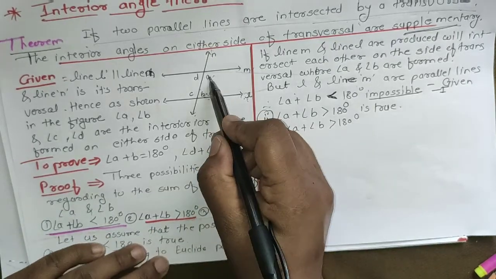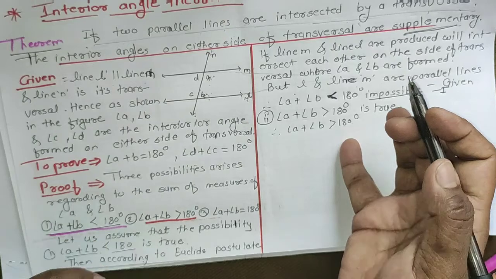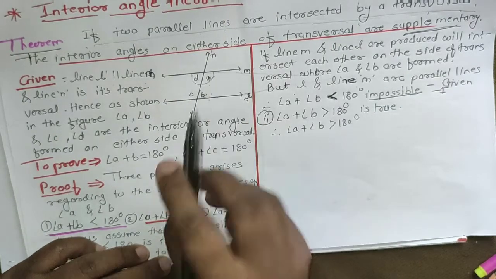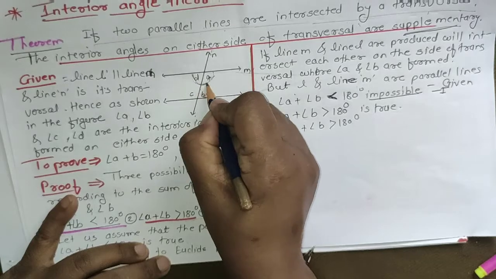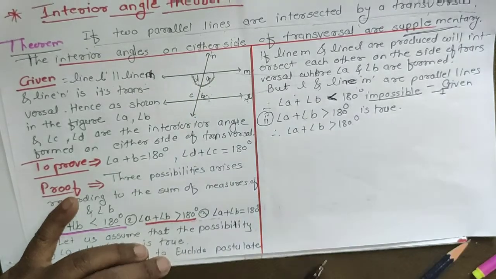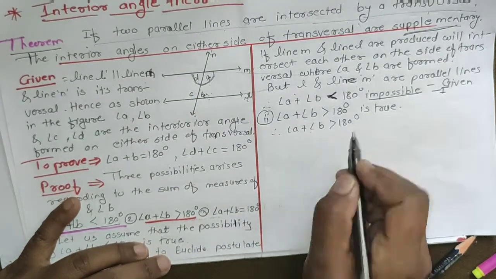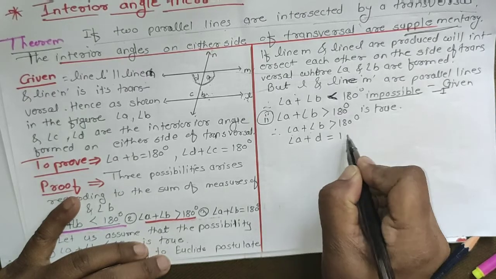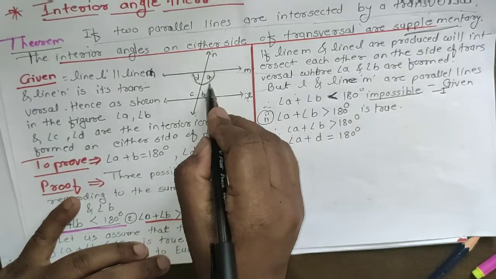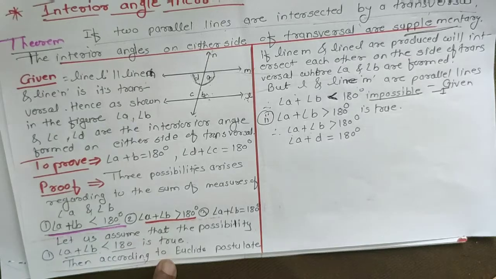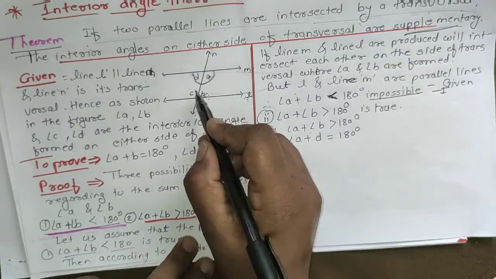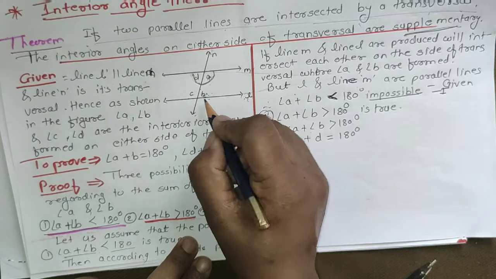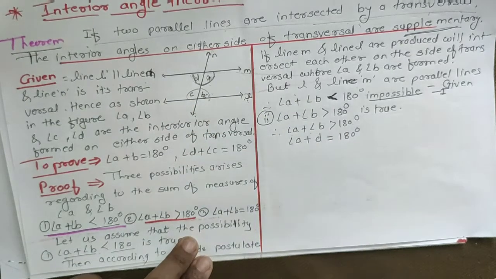Okay, it is greater than 180 degrees, but angle A plus angle D is equal to how much? These are linear pairs of angles. So you write, A plus B is greater than 180 degrees, and angle A plus angle D is equal to 180 degrees. These two angles have the measure 180. And angle C plus angle B, these two angles are also linear pairs of angles.